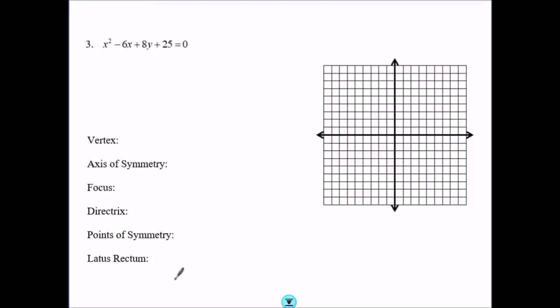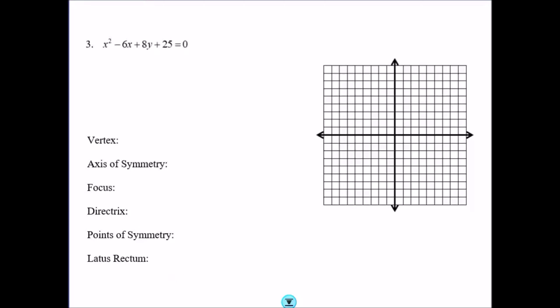Let's look at one more example. This is given to us in general form. We need to rewrite it in standard form before we can graph this. So we're going to have to complete the square. Now we can see that the x is squared, which means this is going to be a vertical parabola.